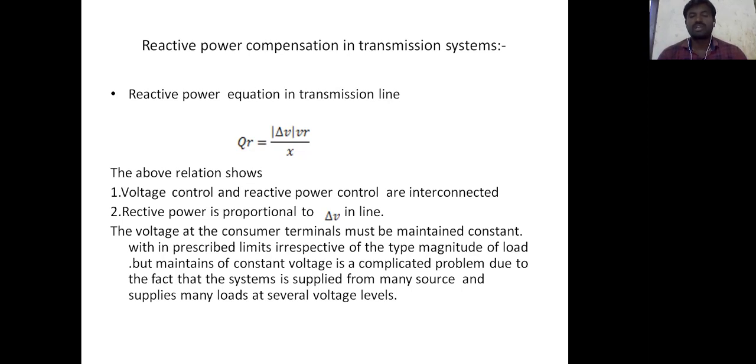If we do not maintain constant voltage and frequency, harmonics are produced, and then the efficiency of the transmission lines is reduced. But maintaining constant voltage is a complicated problem due to the fact that the system is supplied from many sources and supplies many loads at several voltage levels.